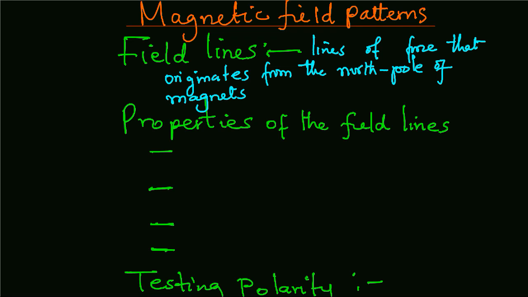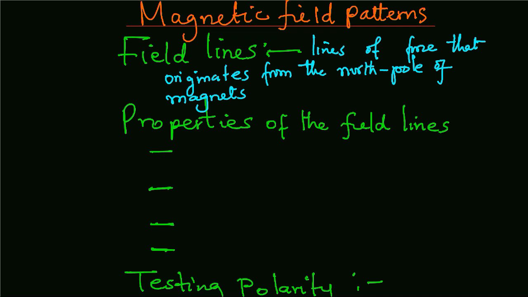The behavior of the field lines depends on the shape of the magnet, and the resultant lines form the field patterns.